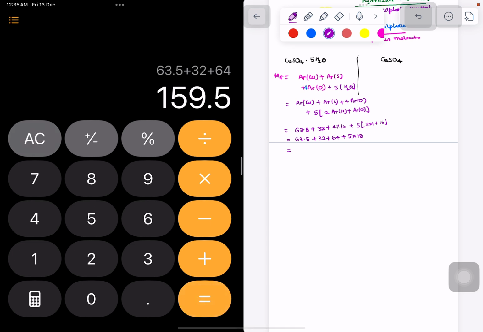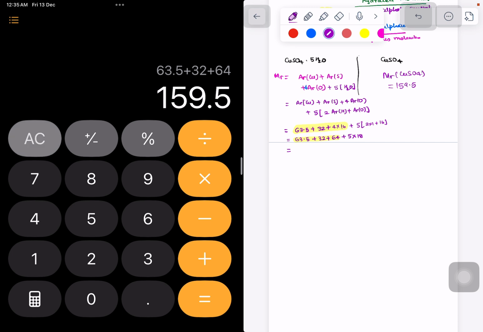This is for the one without water. So this is the Mr of CuSO4, which is 159.5. This is without water.